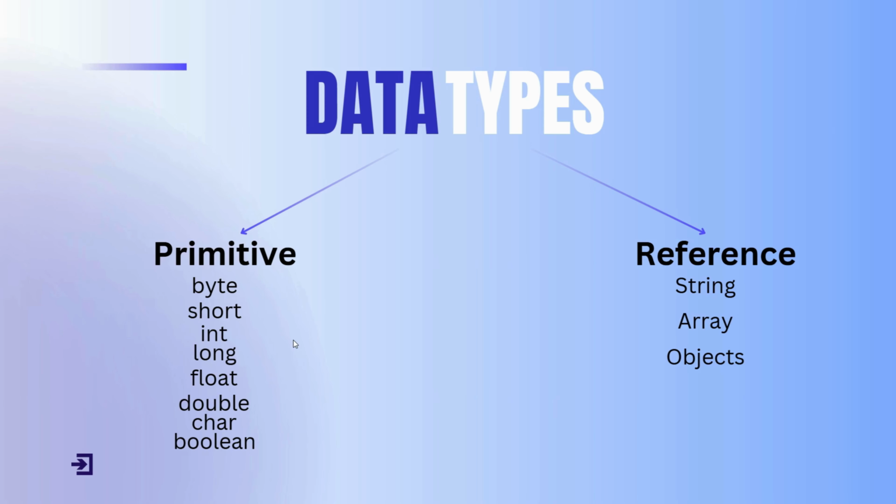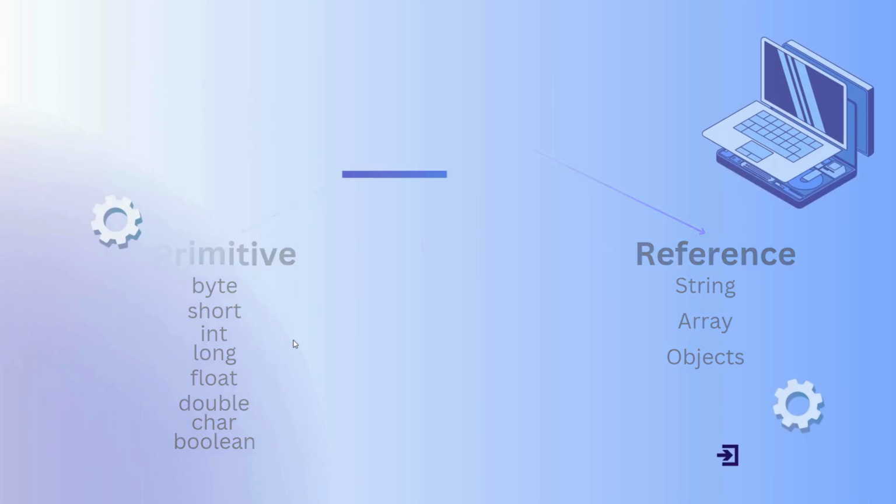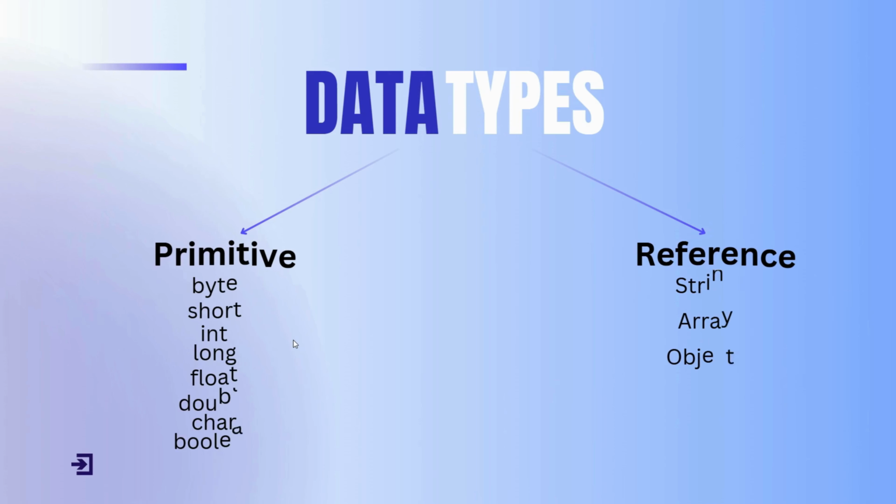Sometimes it can be integer, sometimes string, character. In this way it can vary, but in one particular array it can be only one type of data. Objects will come when we talk about OOPS concepts.